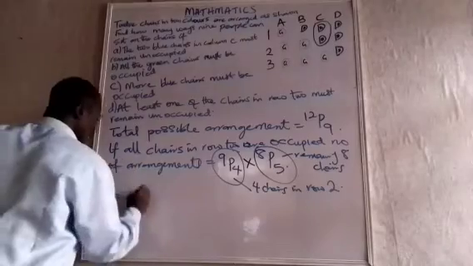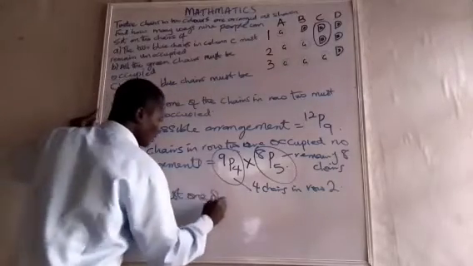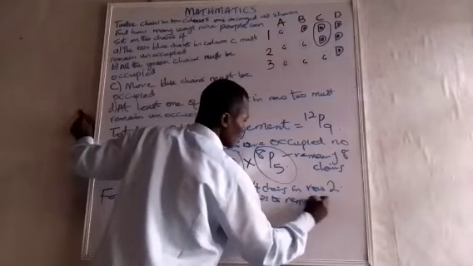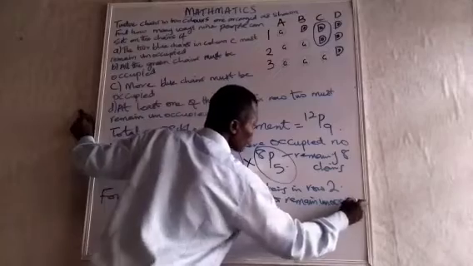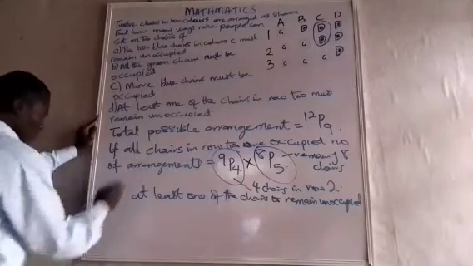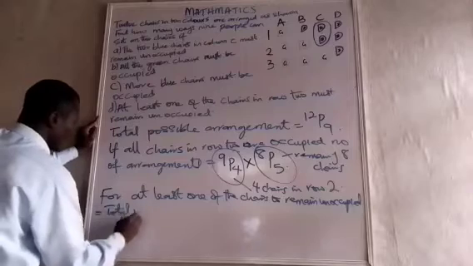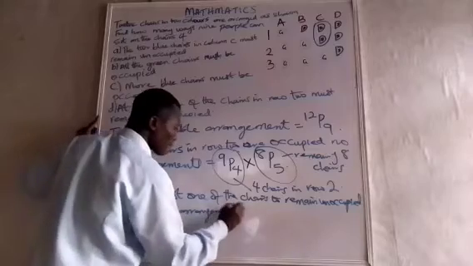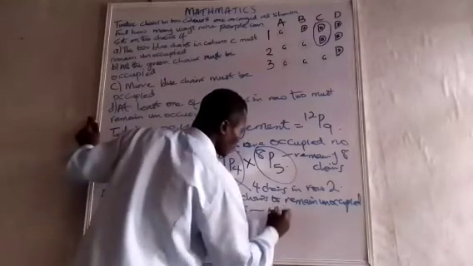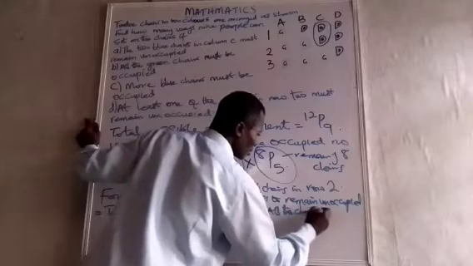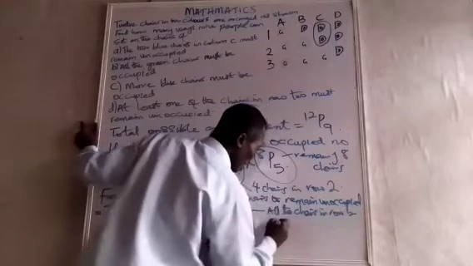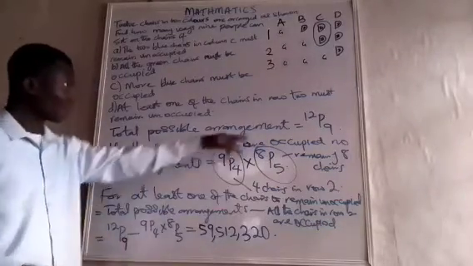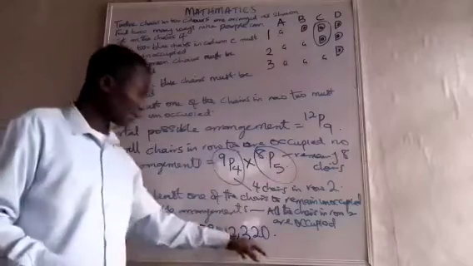It means that at least one of the chairs to remain unoccupied is equal to total possible arrangements minus all the chairs in row 2 are occupied. That is what we have. 12P9 minus this. So we have 59,512.32.